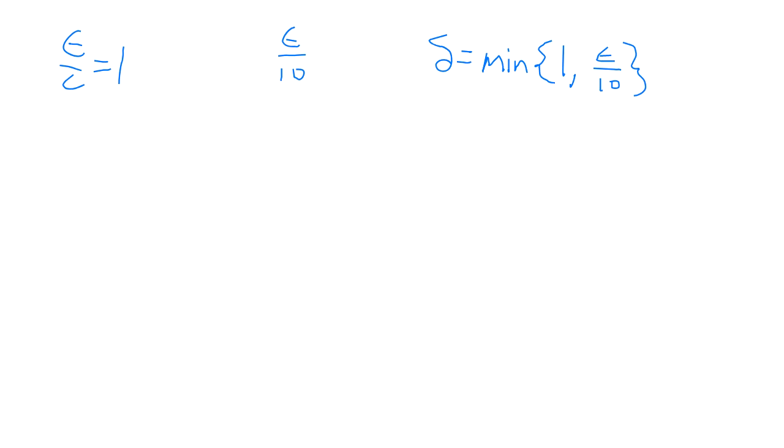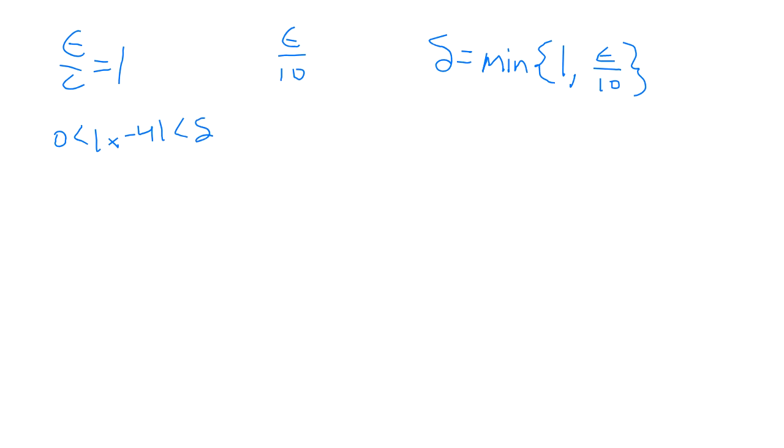So now let's prove that our values are right. Once again, earlier we said that we have absolute value of x minus 4, which is greater than 0 but less than delta.